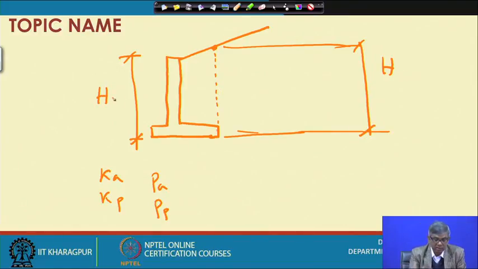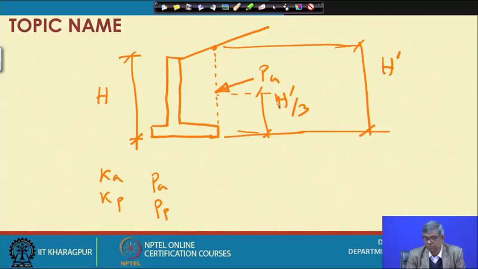This is h and this is, suppose, h dash. So ultimately we will apply Pa somewhere here, and this height will be equal to h dash by 3, not h by 3. So this is the simple modification we do when this type of problem comes up.